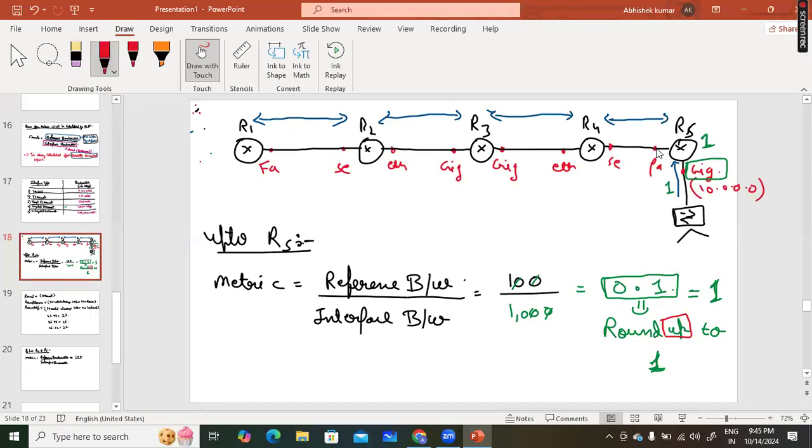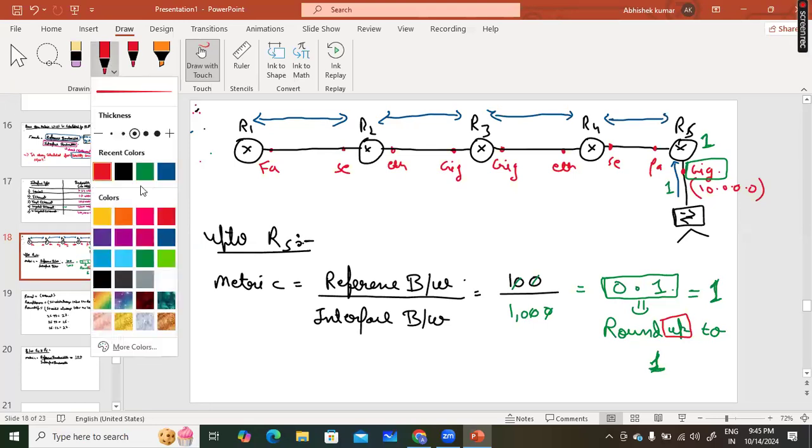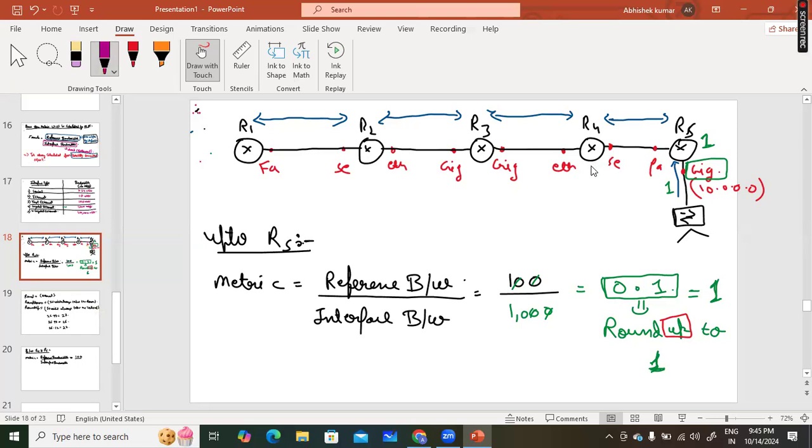Is it serial or is it FA? Which one should I use? FA.